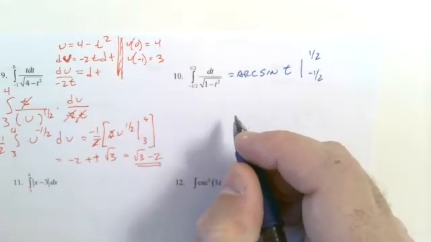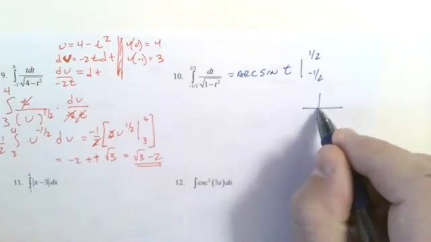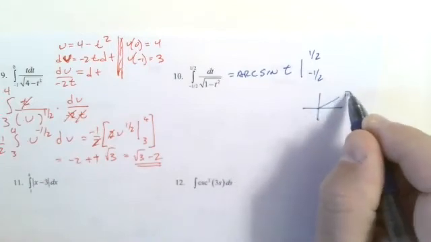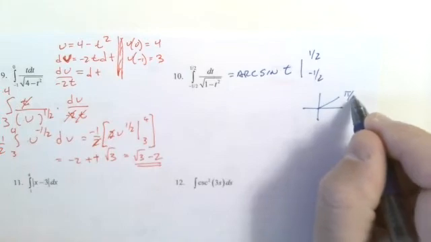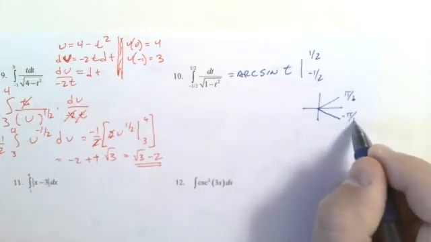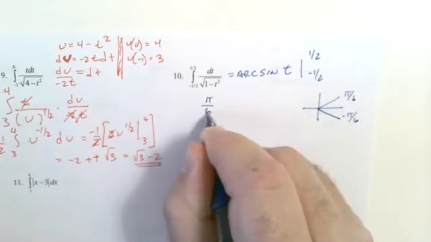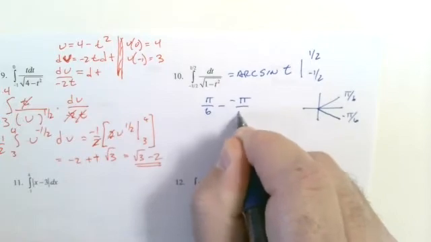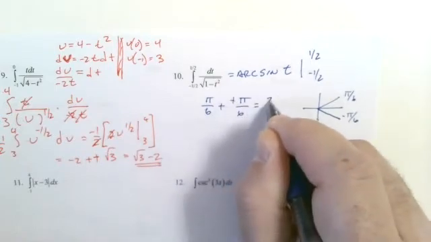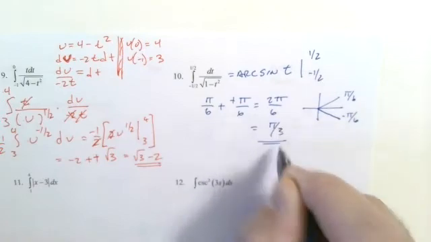Where does sine equal 1/2? Boy, I need a unit circle again. Yeah, right there. Pi over 6. And -1/2. So pi over 6 minus -pi over 6. 2 pi over 6 equals pi over 3.